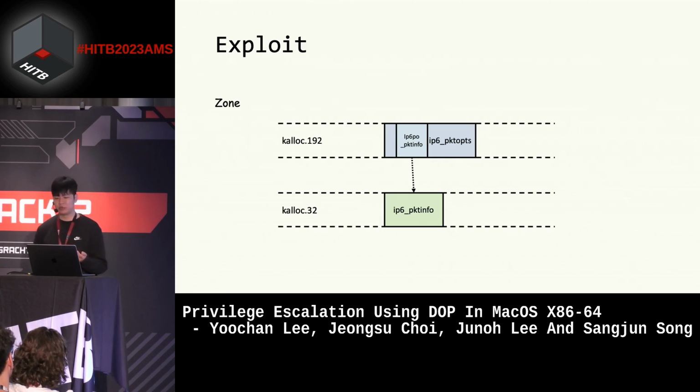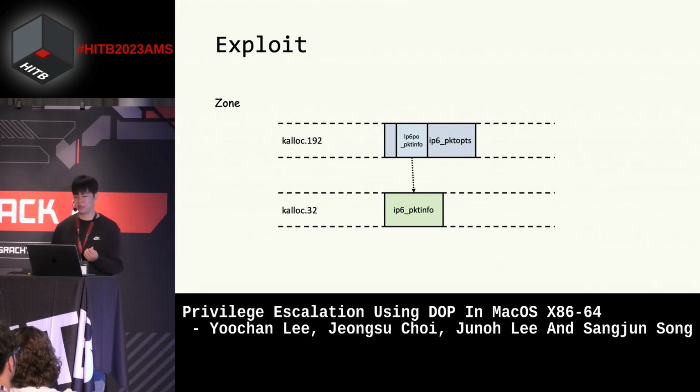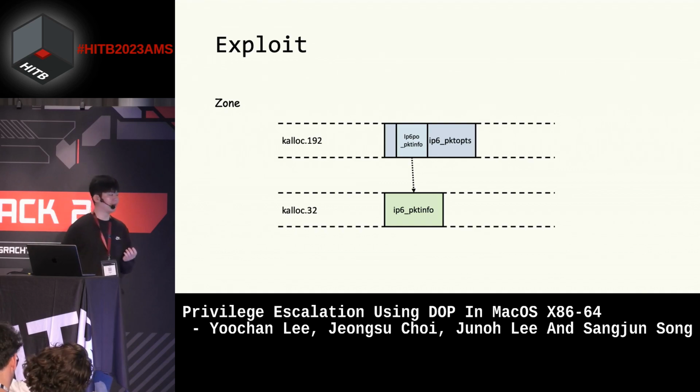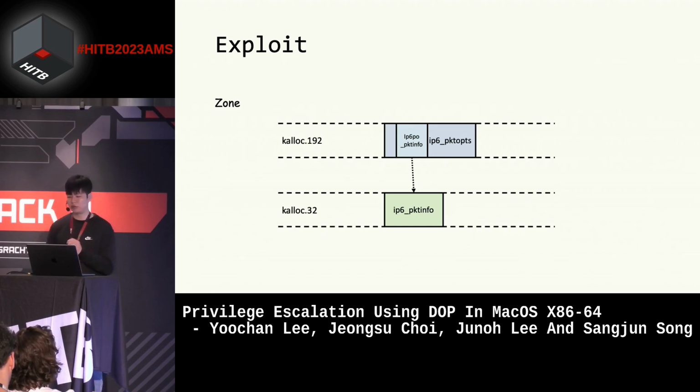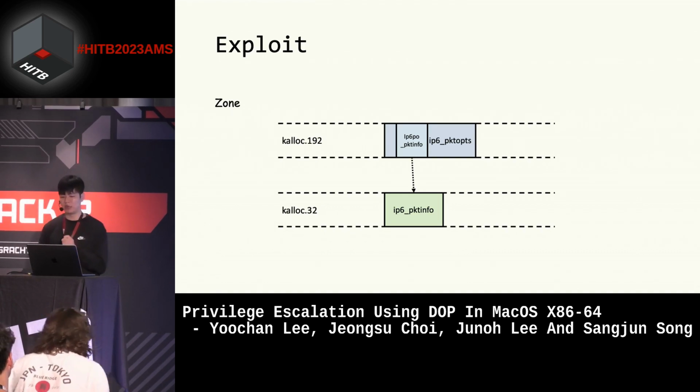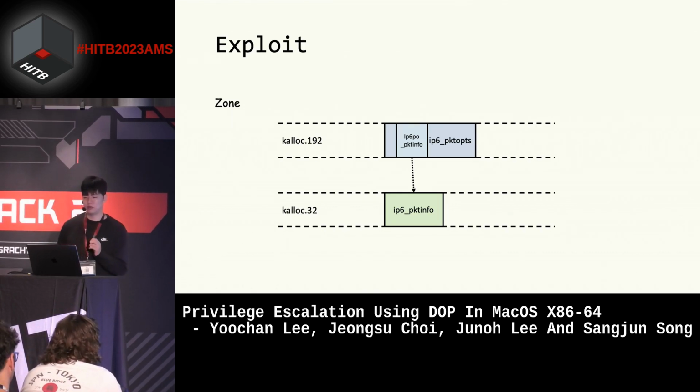The general zone is used by the kalloc function, and according to the size of the object, which zone to be allocated is determined. IP6 packet options is allocated in the kalloc 192 zone, and IP6 packet info is allocated in the kalloc 32 zone.